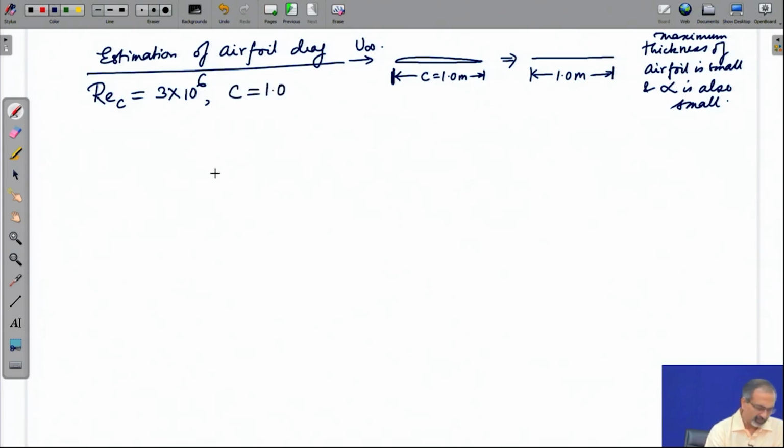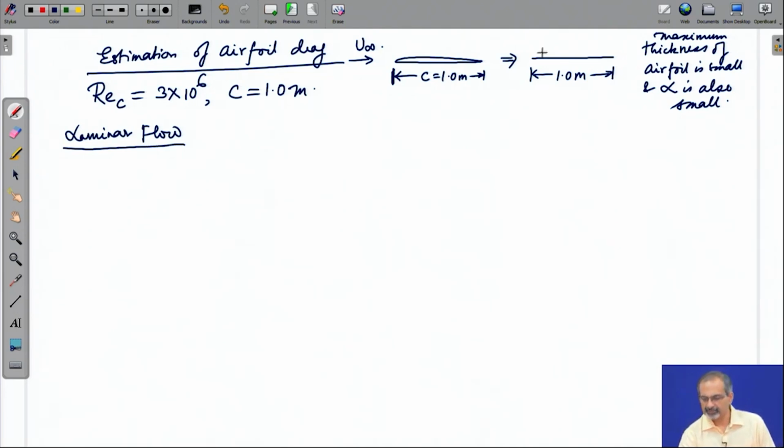Chord length of course is 1 meter, and there would be two cases that we will compute. One is by assuming a completely laminar flow on the flat plate as the boundary layer develops, while in the second case we will assume it to be a completely turbulent boundary layer.